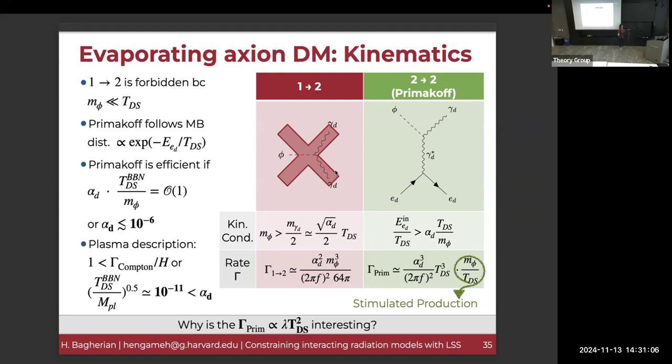Usually, when you're not dealing with condensates, you can say that f is less than 1. So usually you ignore this and just integrate over the first part, and then you get some rate.